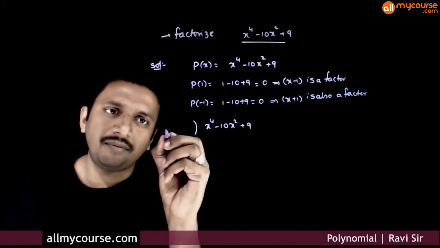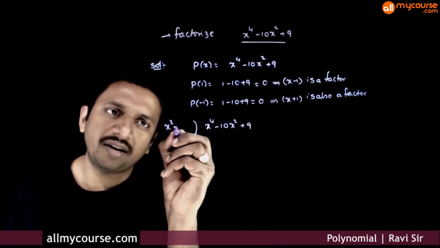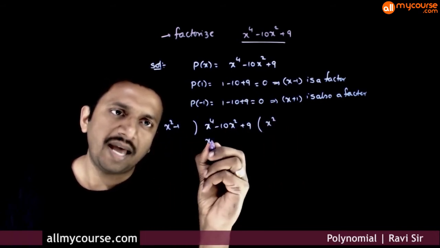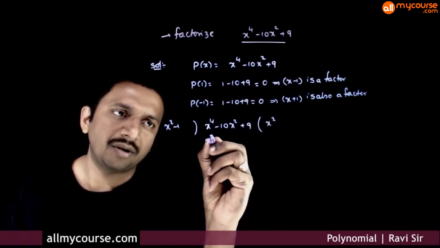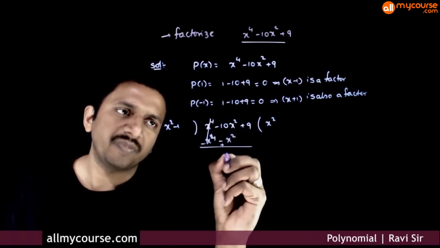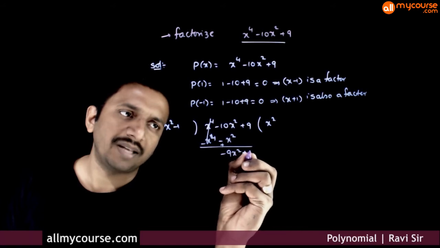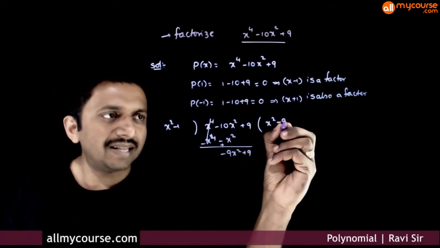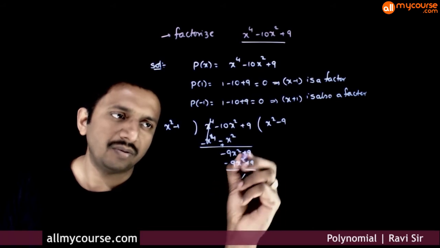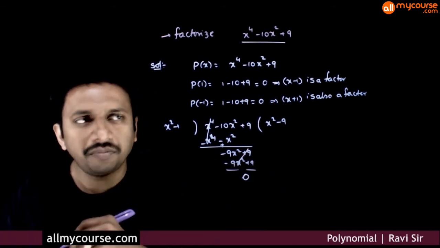So let us divide by x square minus 1. You get x square, and x power 4 minus x square, minus 9x square plus 9. So minus 9x square plus 9 gets cancelled, and the remainder is equal to 0.